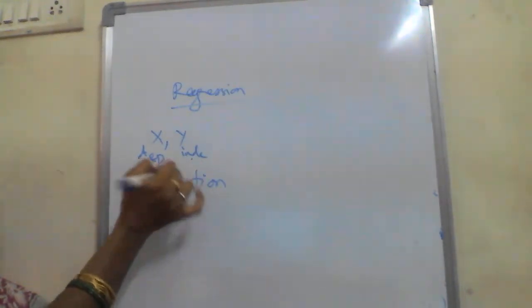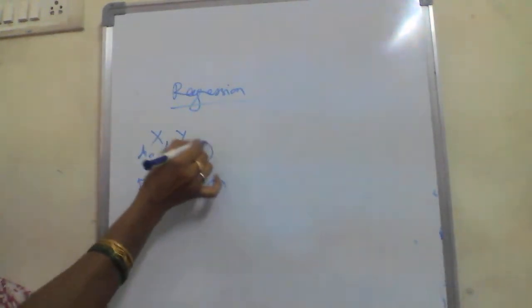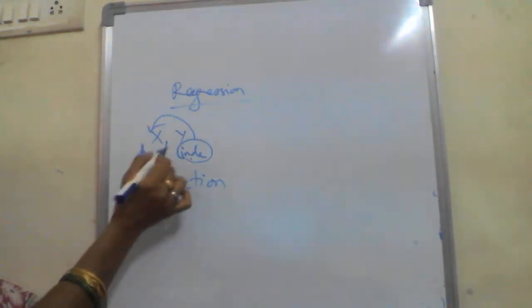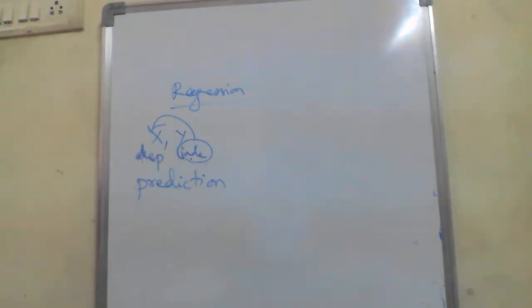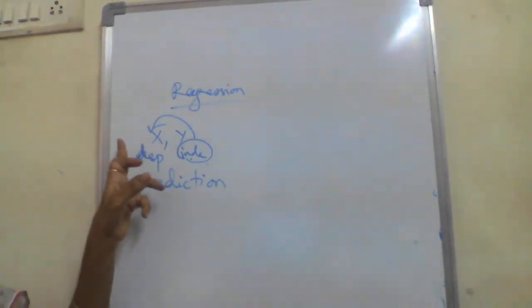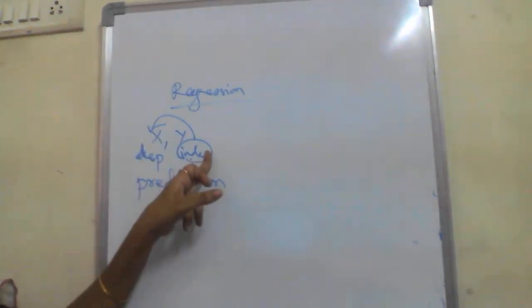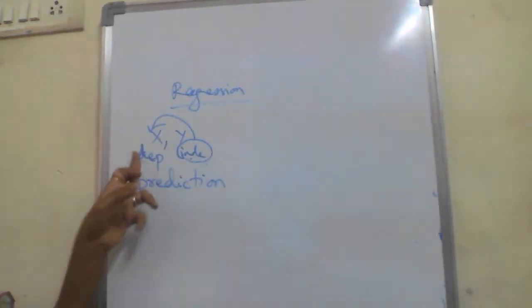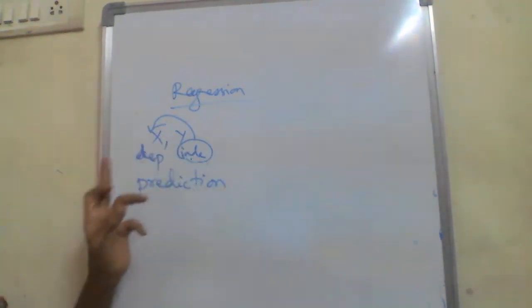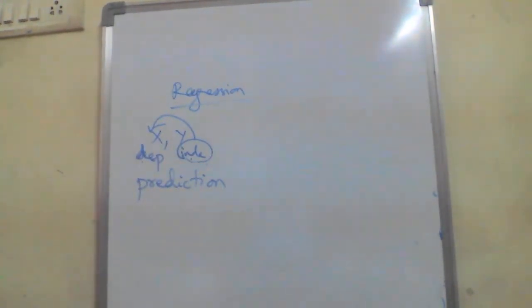With the help of y you find the value of x, so x is dependent upon y. This is the dependent and independent variable. You predict the value of the dependent variable with the help of the independent variable. This is what you call regression.